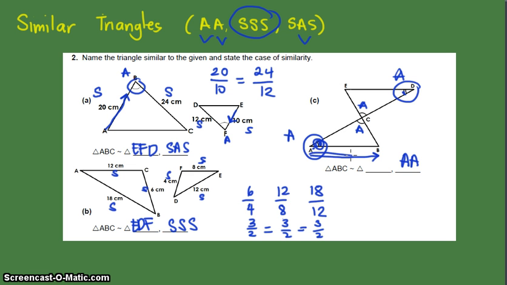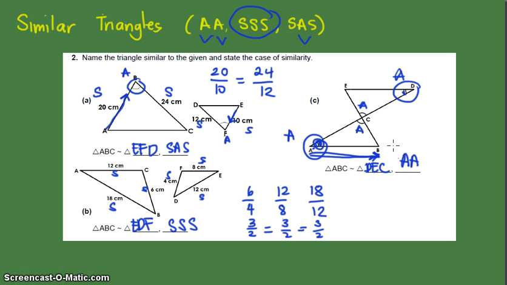It will flow to B and then to the center. So we should follow D, E, and C. So the second triangle is D, E, and C. We can say triangle ABC is similar to DEC, and the reason that they are similar is because we have an AA similarity.